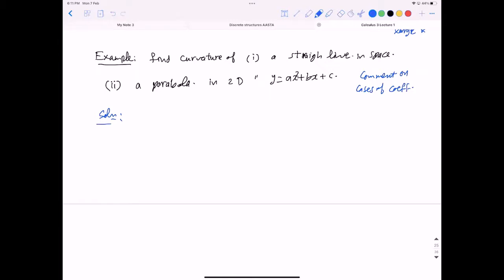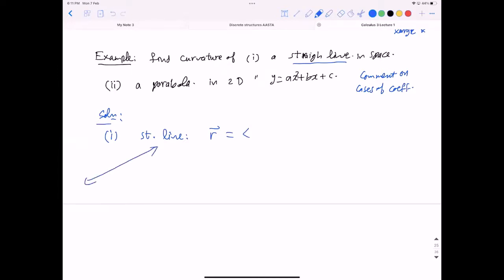Okay. Number 1, what is the equation of a given line? What is the given vector function? We know that for a straight line, we revised it last time, r is given by x, y, and z.